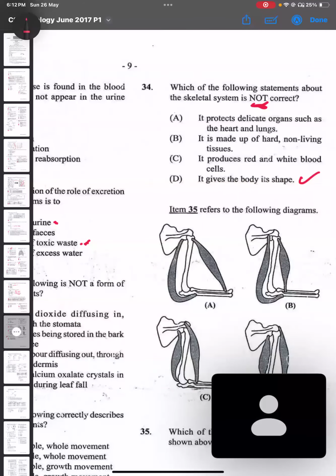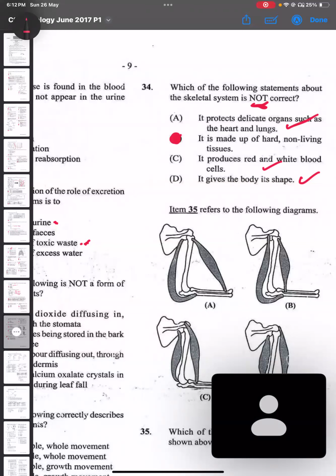We know that it protects delicate organs. So B. You have living tissues inside of the matrix of the actual bone. The calcium that is formed outside of that is what we know as the white bone. But you have living cells living inside of that as well. So your answer is B.